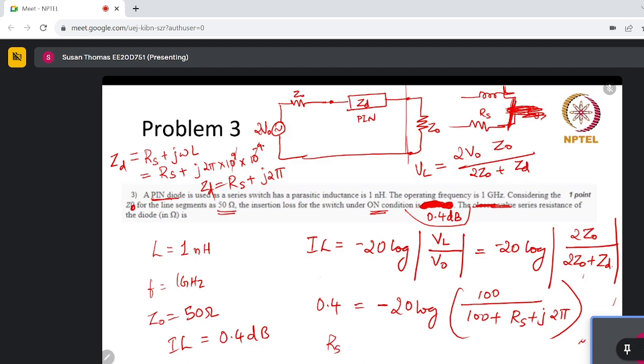I request everyone to try this and find out the value of RS. Taking a couple of minutes to give everyone time. I hope everyone will try.